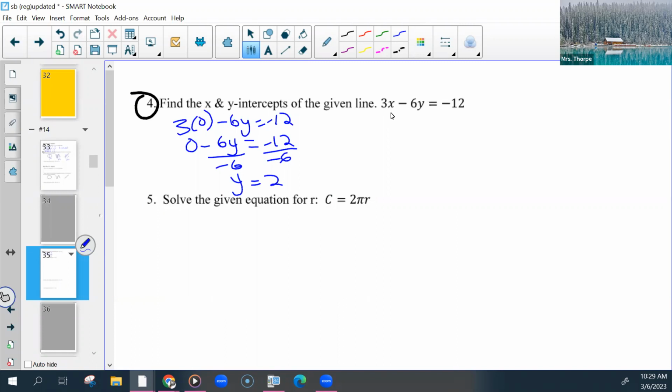And we'll write that as an ordered pair here in a second, but then we could do the same thing for the opposite. Put 0 in for y. When you do that, the middle term would become 0, so you can write the 0 or leave it out, either or. And then divide both sides by 3.